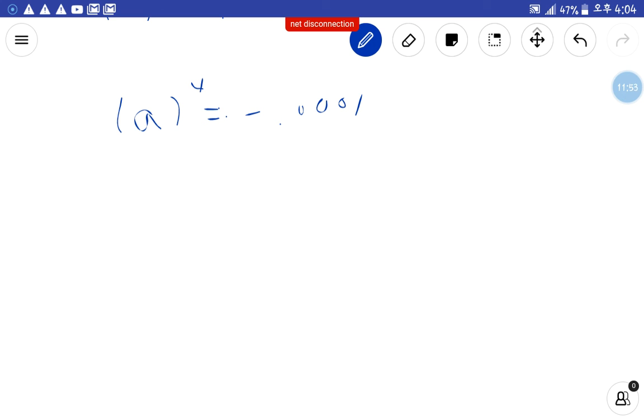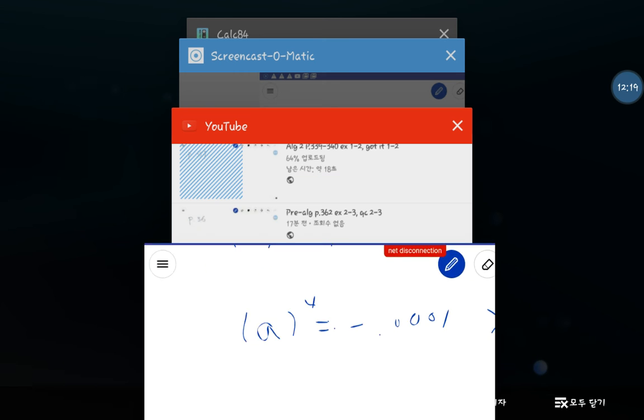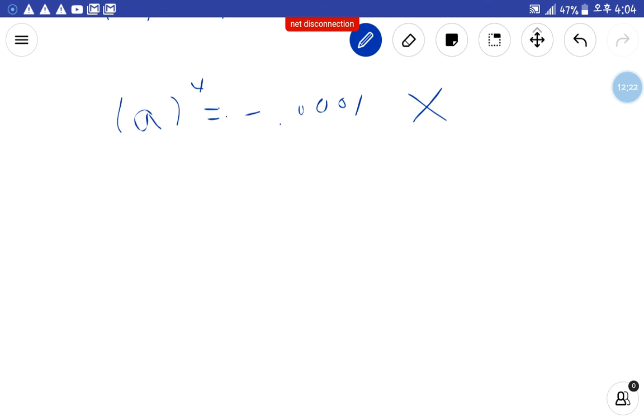If you multiply the same number 4 times, would you be able to make a negative number? No, not really. So, as we learned on the previous page, since negative 0.0001 is negative, there are no real fourth roots of negative 0.0001.